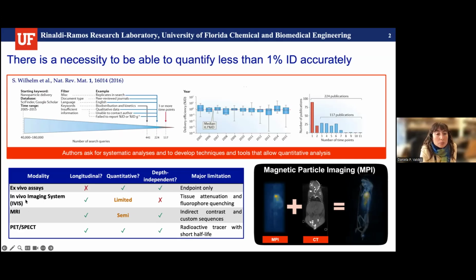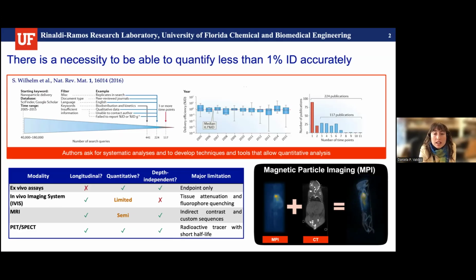Another quite popular technique is the in vivo imaging system modality, IVIS. Doing fluorescence imaging, we can have problems such as tissue attenuation, chlorophyll quenching, or dequenching that can affect how we perceive the fluorescence signal.